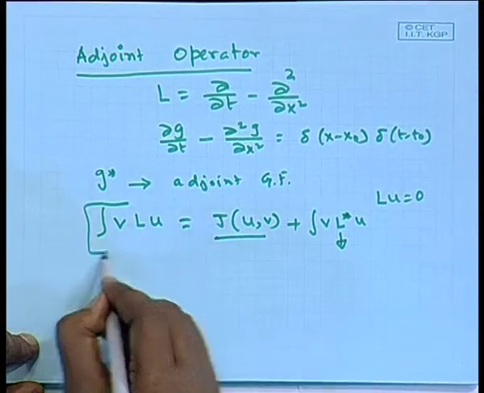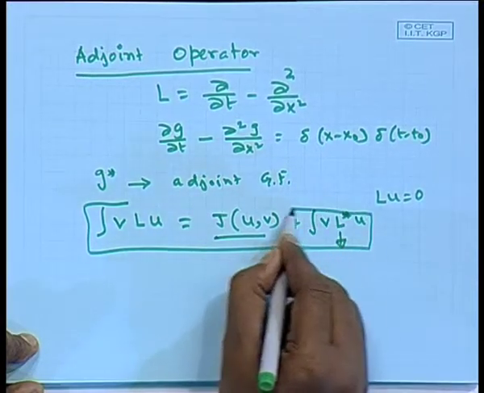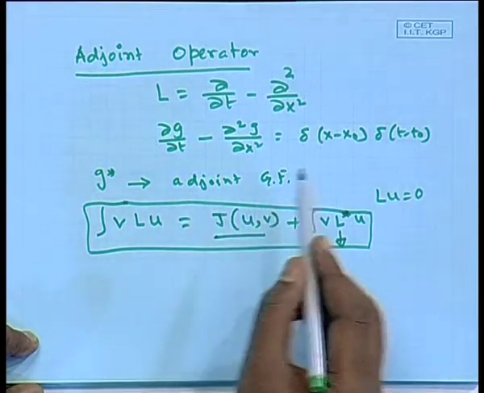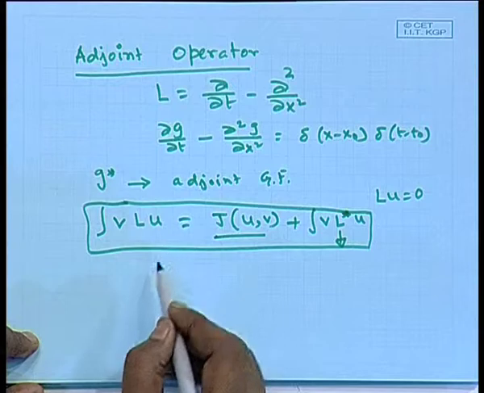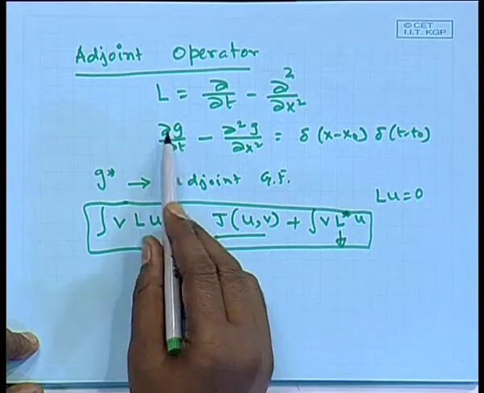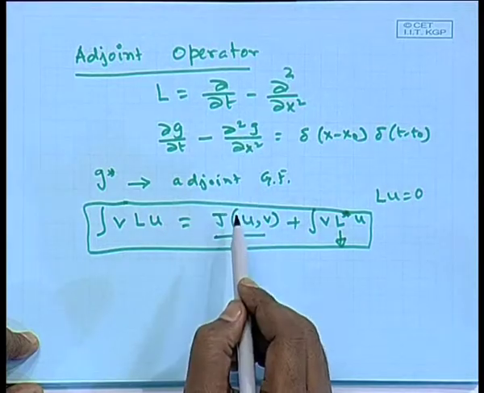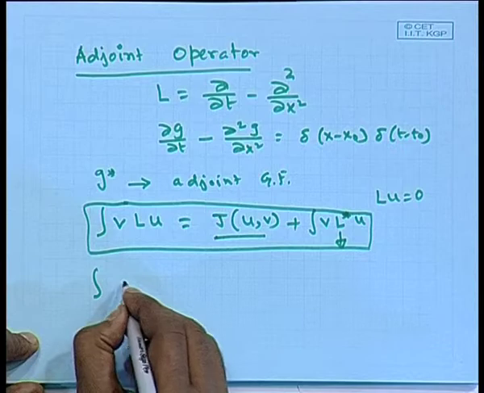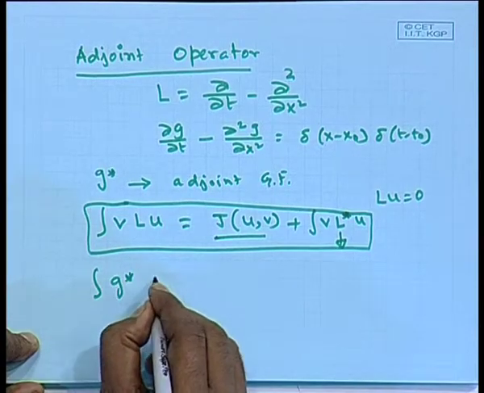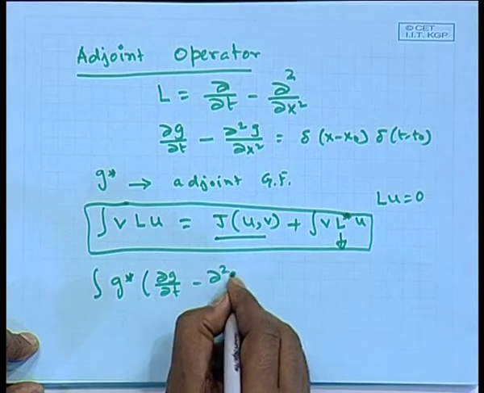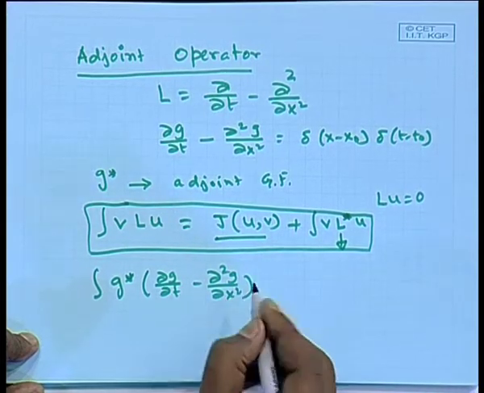The same thing you can try out in case of a partial differential equation. That means, in this case, what is your Lu? It is basically Lg. What is Lg? Lg is nothing but del g del t minus del square g del x square. So, you consider this integral of g star times del g del t minus del square g del x square.